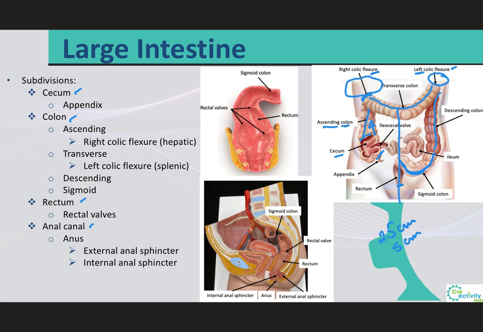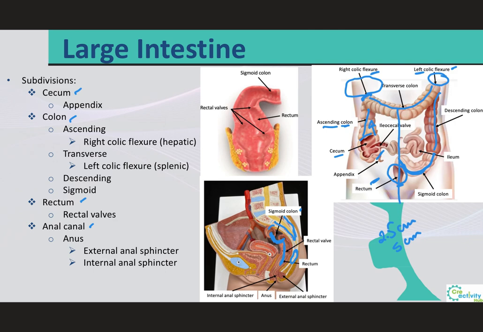Then the food residue leaving the sigmoid colon will enter the rectum in the pelvis. And the rectum will extend anterior to the sacrum and the coccyx. On this image over here, we can see the sacrum over here, and this would be your coccyx. So this would be your sigmoid colon going down and coming up over here, and then it continues as the rectum.